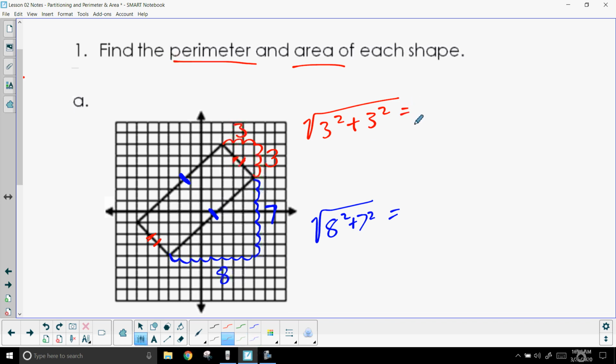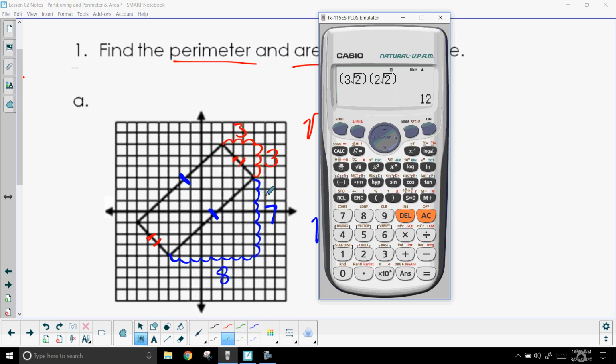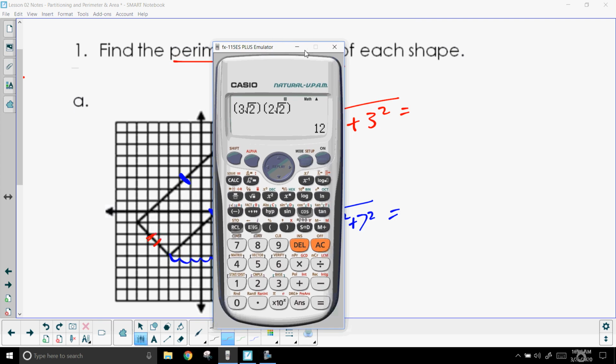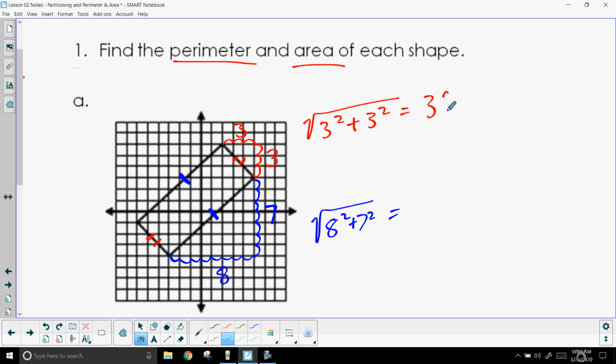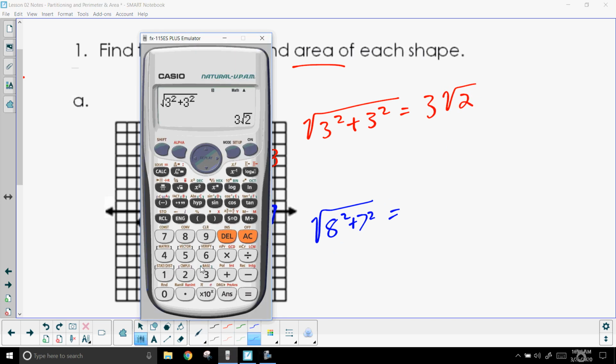We get 3 squared plus 3 squared, and we get 3 root 2. I think we've seen that plenty of times today. And for the other side, 8 squared plus 7 squared, and we get root 113.